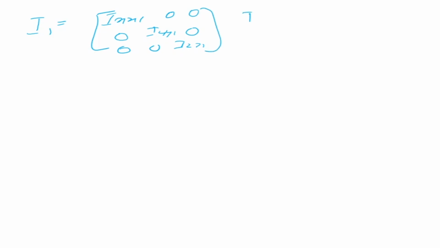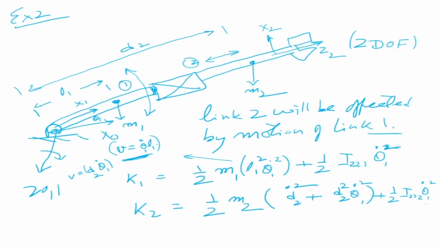Now the inertia tensor for the second link is Ixx2 0 0, 0 Iyy2 0, 0 0 Izz2. If you look at the manipulator, the first link has inertia tensor I1 and link 2 has inertia tensor I2.